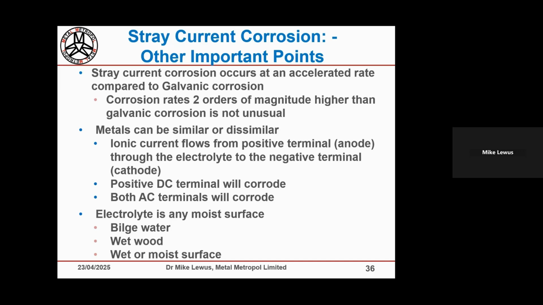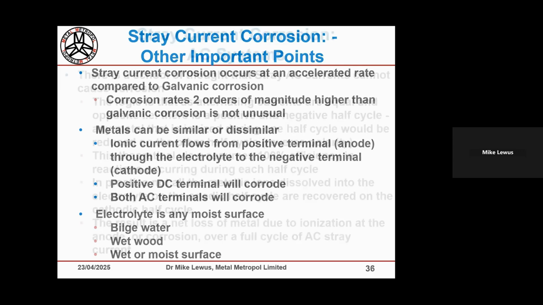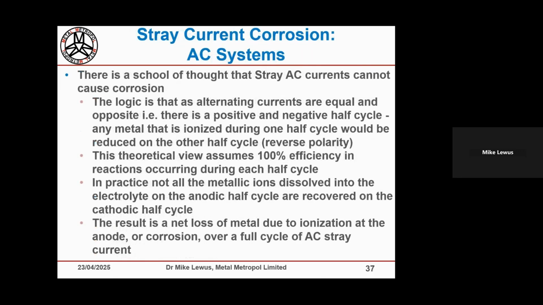The positive DC terminal will corrode, not the cathodic end of the circuit. With AC stray current, in principle, both terminals could corrode. But we don't have to worry about AC stray current corrosion as much. And there are two reasons for this.